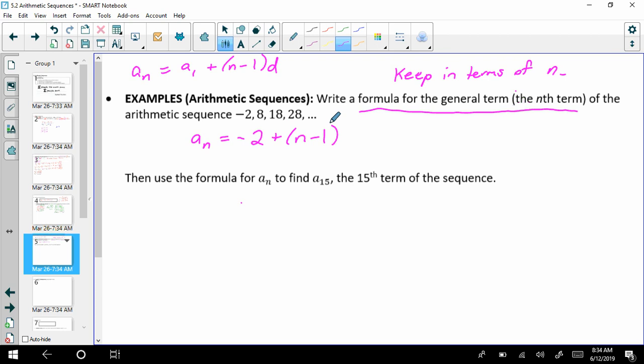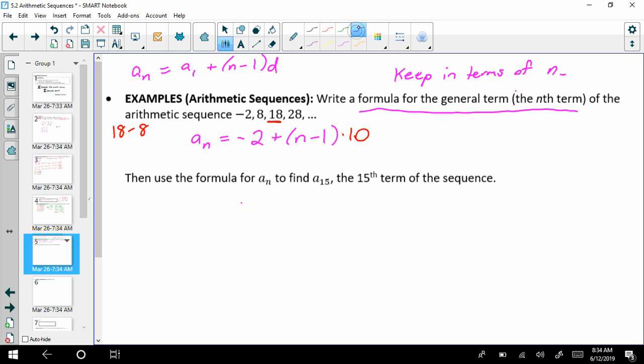And now I need to know the common difference d. I need to know what are they adding by. So again, if you can't just visually tell what they're adding each time, you can always take one of the numbers, so if I take the 18, and subtract the one that came before it, that tells me the common difference is 10. They're adding 10 each time.